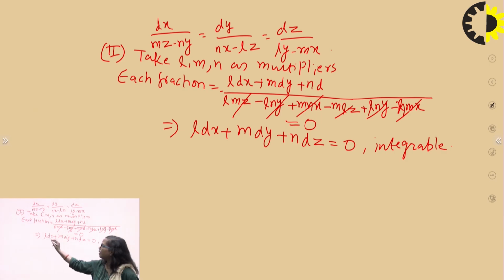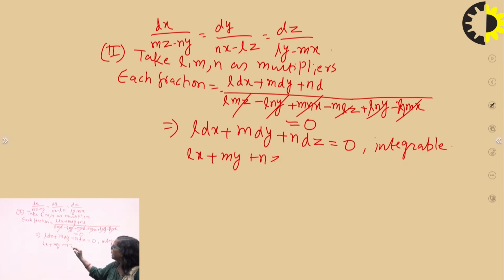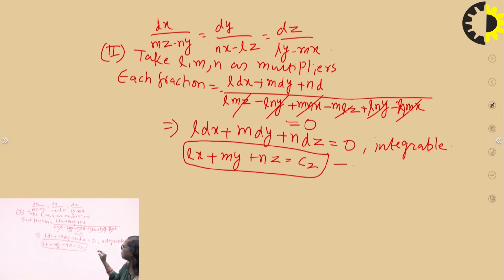What is the integration of L dx? L is a constant. Integration of dx is x itself. So this is Lx plus My plus Nz equal to the second arbitrary constant C2, and this is my second independent solution. So Lx plus My plus Nz equal to C2 is the second independent solution.